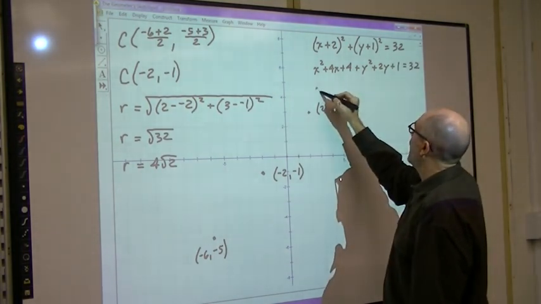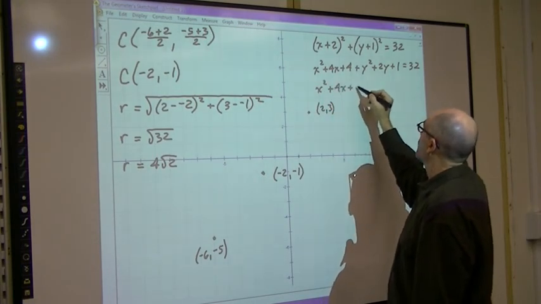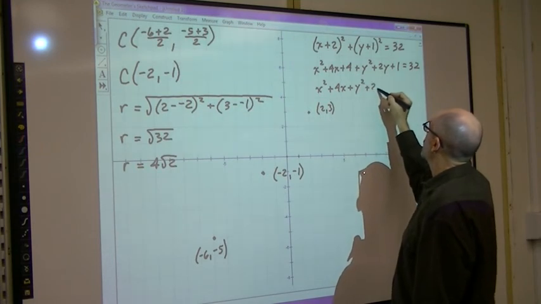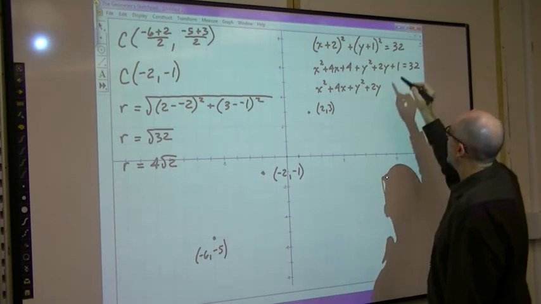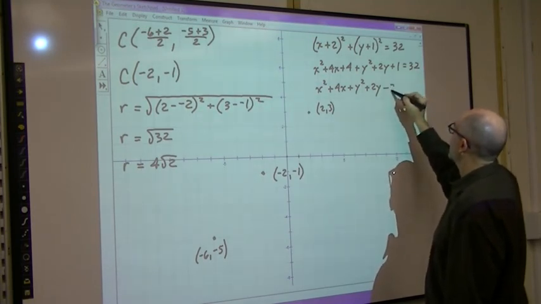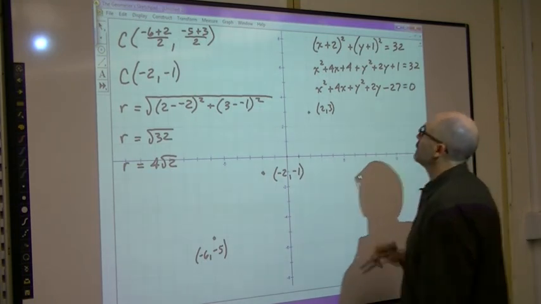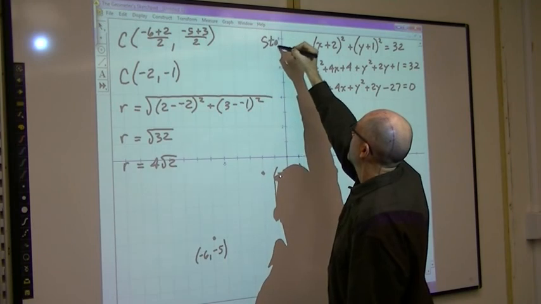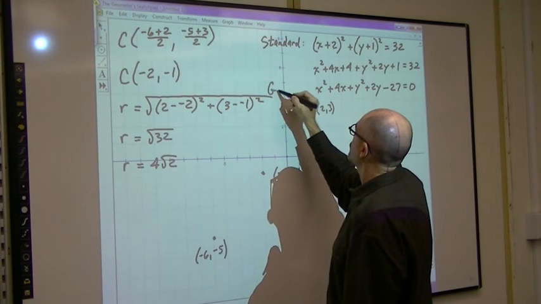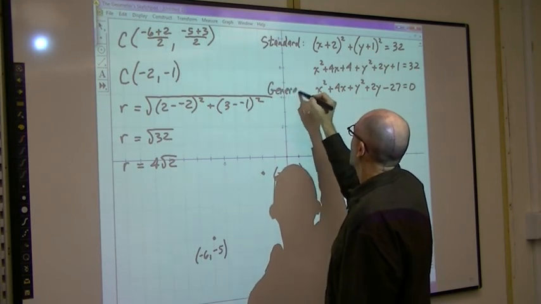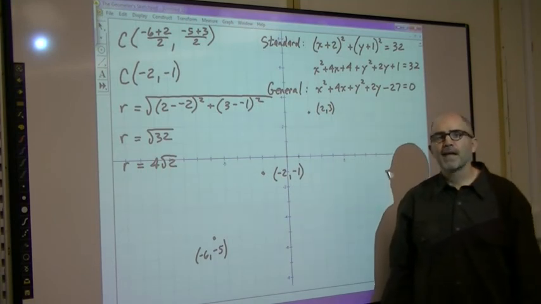So that means x squared plus 4x plus y squared plus 2y, plus 5 minus 32, which is minus 27, equals 0. So we've got standard form and we've got general form. That's it, game over. Have fun with these.